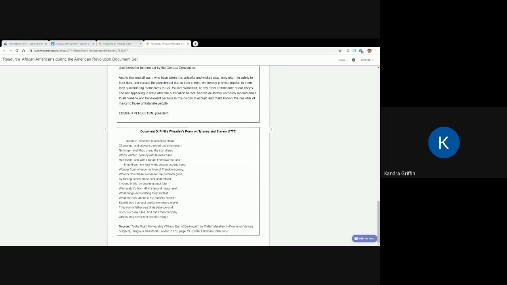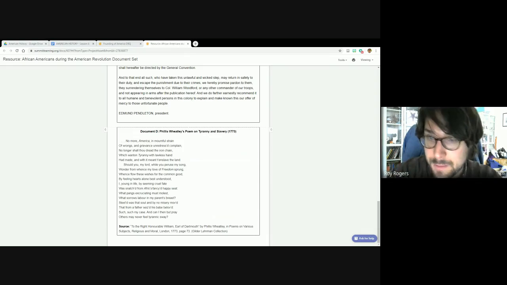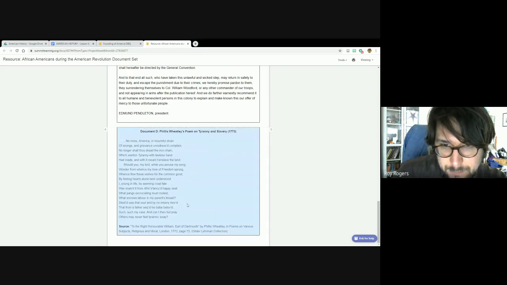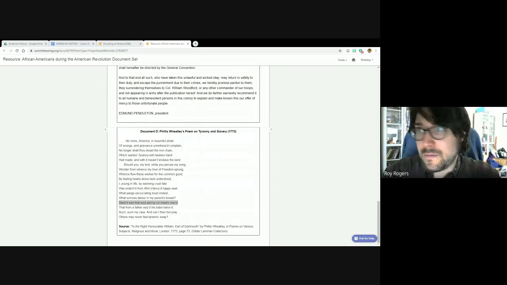The bottom part. Yeah. She's saying that, look, she was stolen from Africa, stolen from her parents, right? And that only a bad person could do that. "Steeled was the soul, and by no misery moved," that somebody was willing to do that. They couldn't have feelings, right?